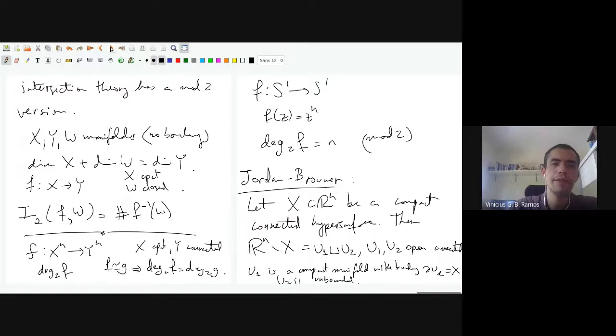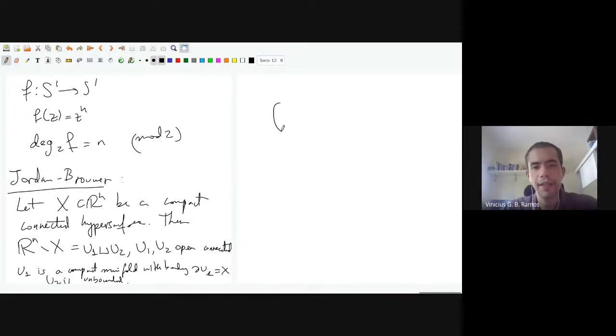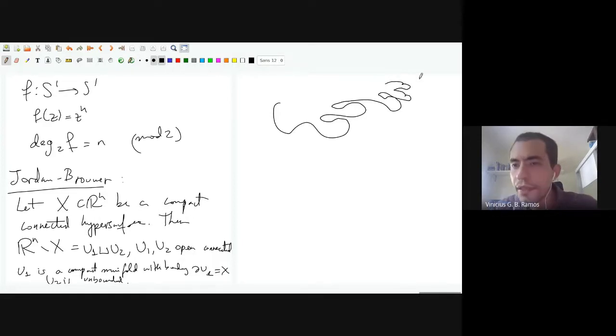Okay, maybe you've seen this kind of picture before. The curve cannot self-intersect.